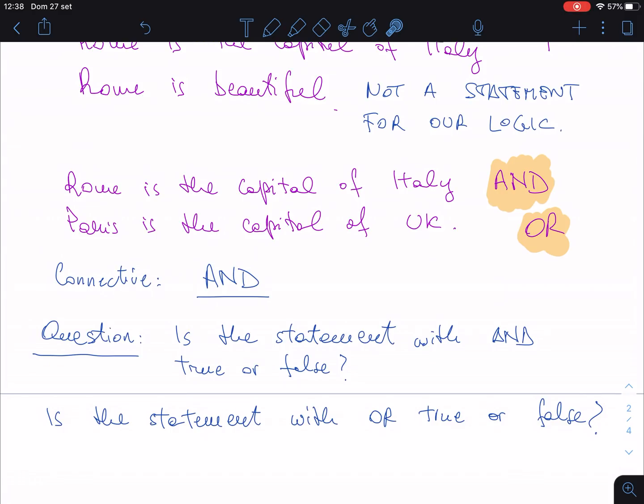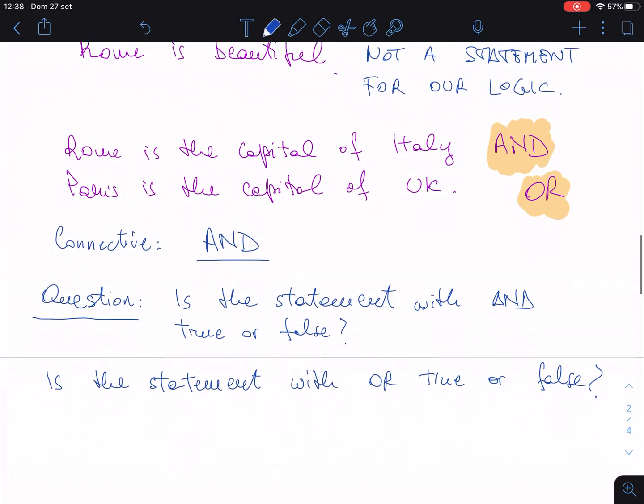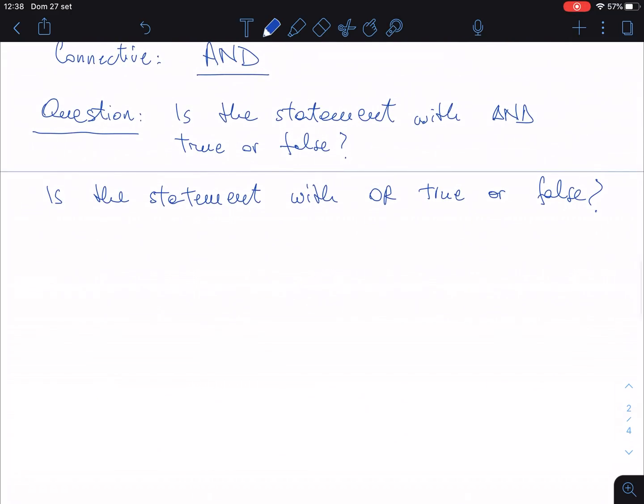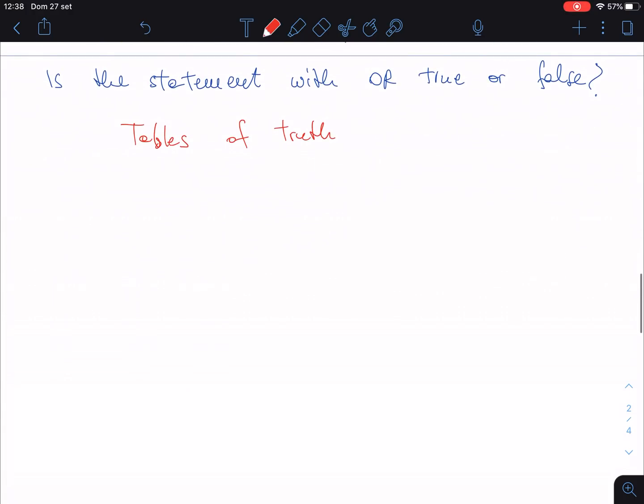And this consideration leads us to the tables of truth, that are the true definition of these so-called logical connectives and, or.